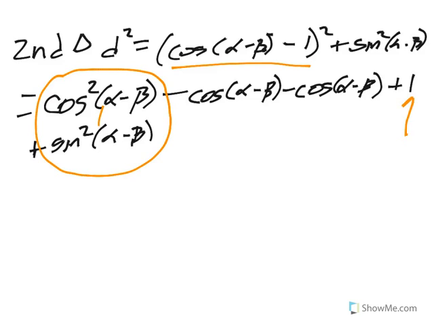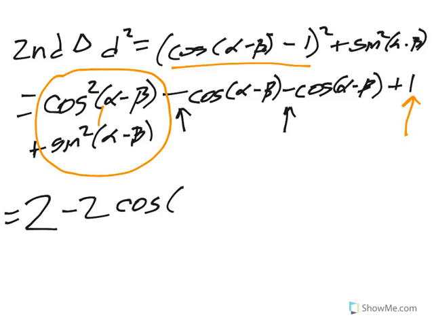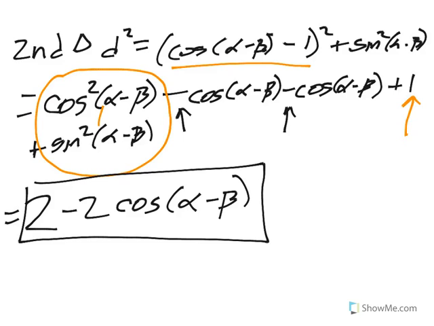And so that one goes with this one, there's a 2. So this comes out to 2 again. And then minus one of these and minus another one of these is minus 2 cosine of alpha minus beta. And so that expression is what the square of the distance for the second triangle comes out to.